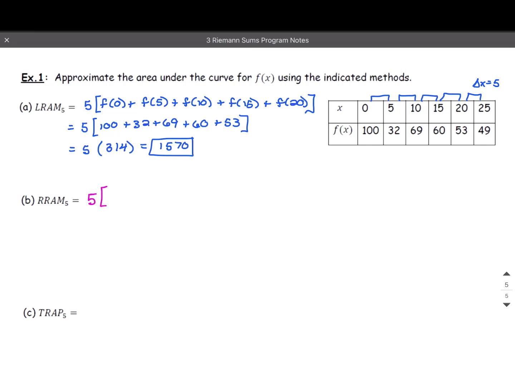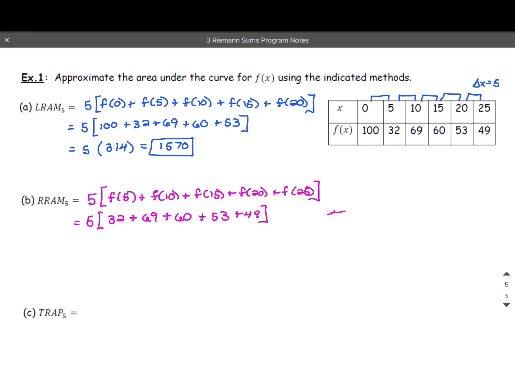Now we're not going to use the leftmost endpoint 0, but we are going to find f of 5 plus f of 10 plus f of 15 plus f of 20 plus f of 25. And that'll give us 5 times 32 plus 69 plus 60 plus 53 plus 49.